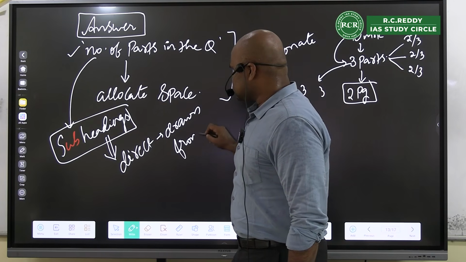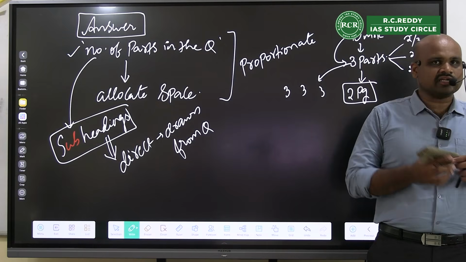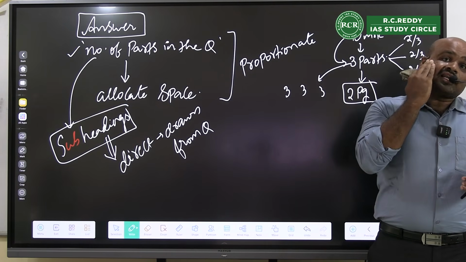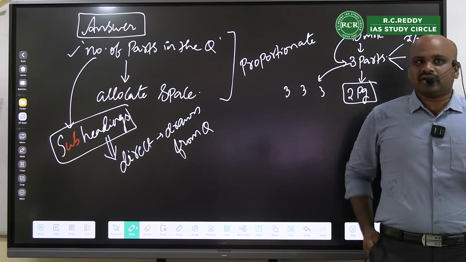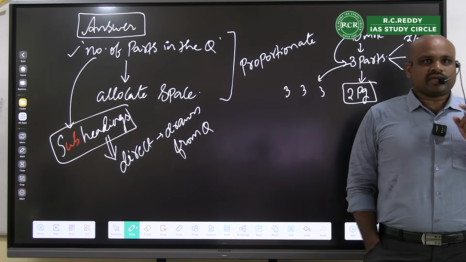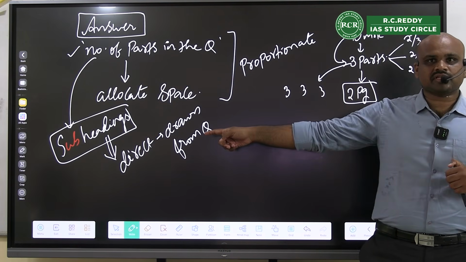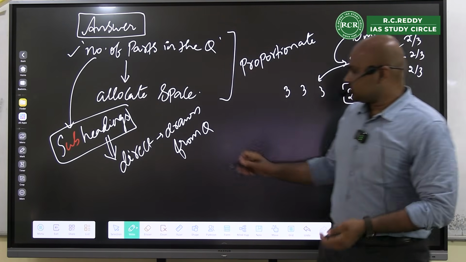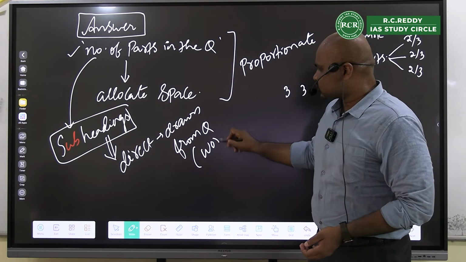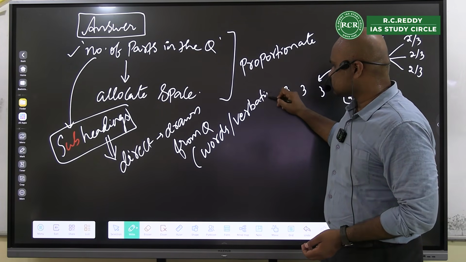I cannot randomly write my own subheadings or generate my own subheadings. When I am writing a subheading in an answer, it has to be derived from the respective question. Respective question here means exact words and the verbatim has to be maintained.